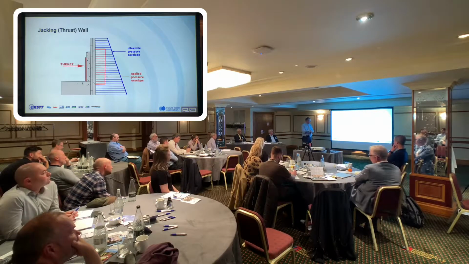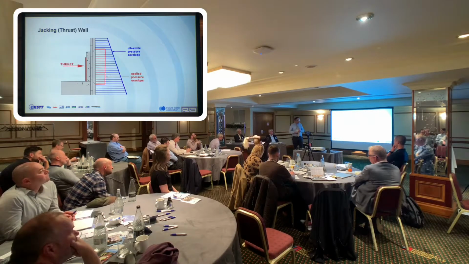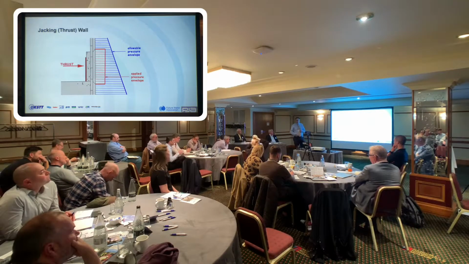You work out the allowable bearing pressure envelope, or your bearing capacity, basically. As I say, if you were to turn this whole thing on its side, you're looking at a pad foundation, in essence. And as long as your applied pressure envelope is less than your allowable, then you should be fine.